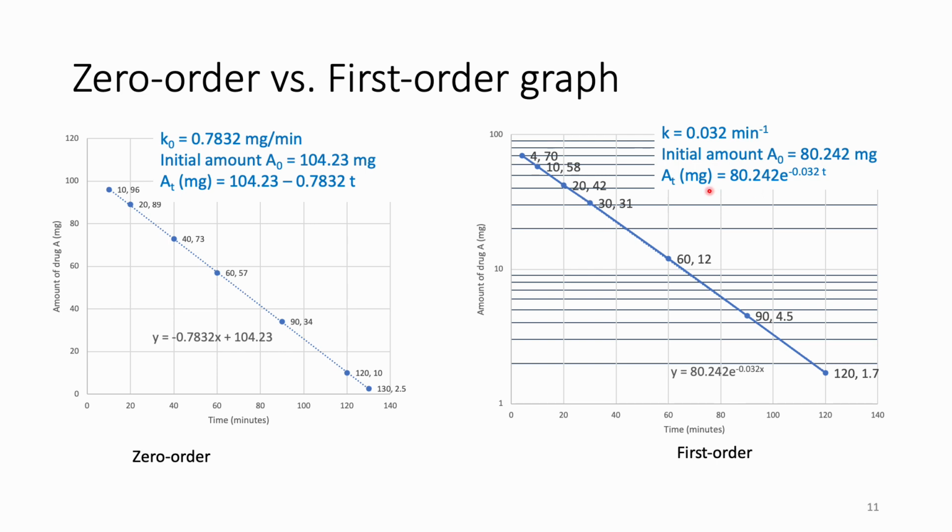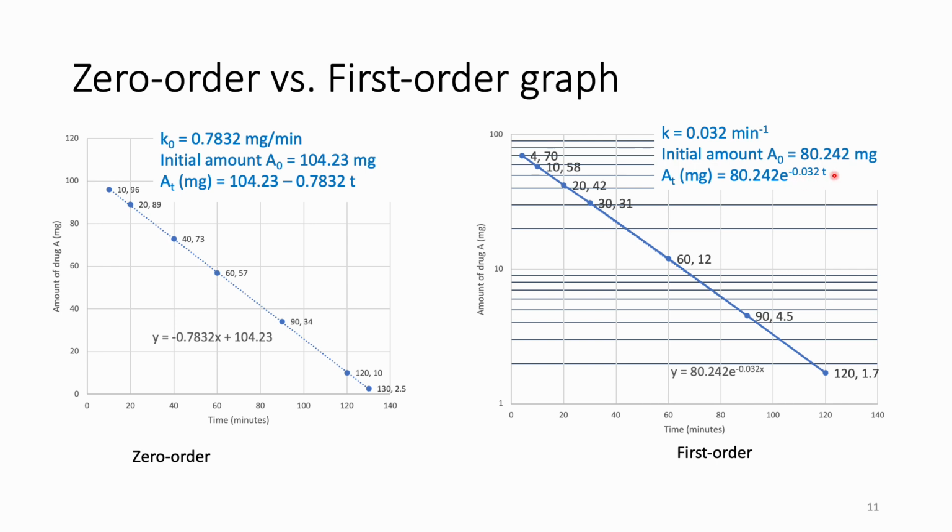To predict the amount of drug in the plasma at a certain time point, you use this formula: At equals A0 exponential of minus Kt. In this case, A0 is the number from here, 80.242, and K is 0.032.